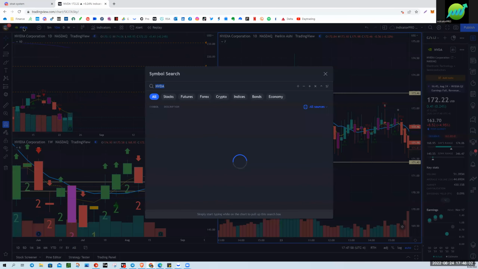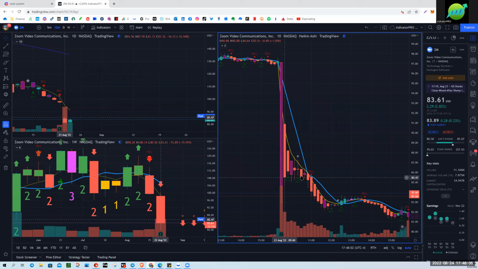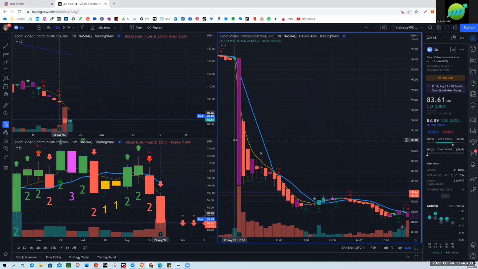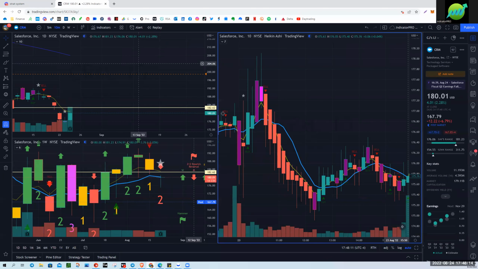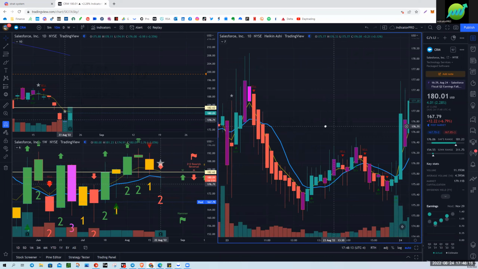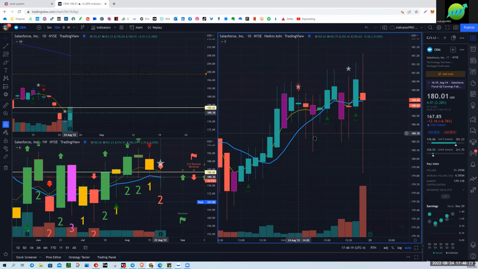So tomorrow, one of the stocks that I'll be looking for, Zoom, no, sorry, not Zoom, Salesforce. Okay. Is Salesforce, because wow, at one point it was up like 15%.